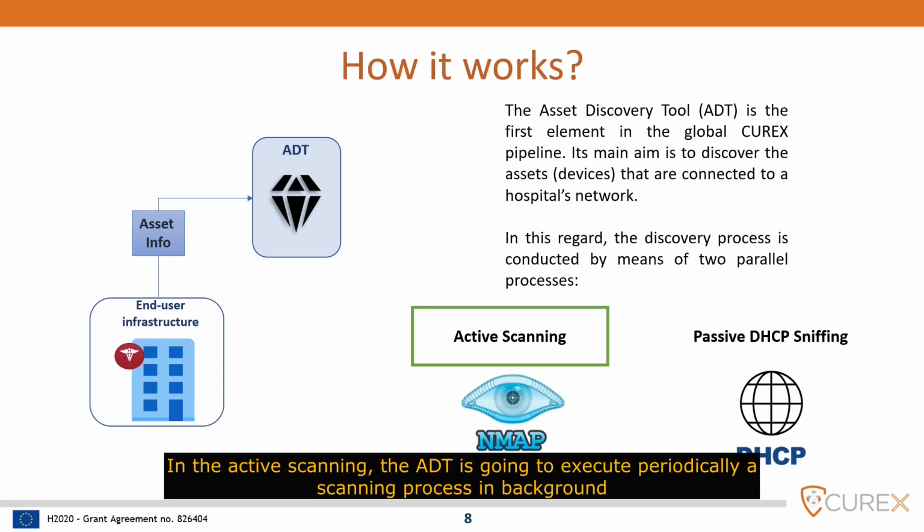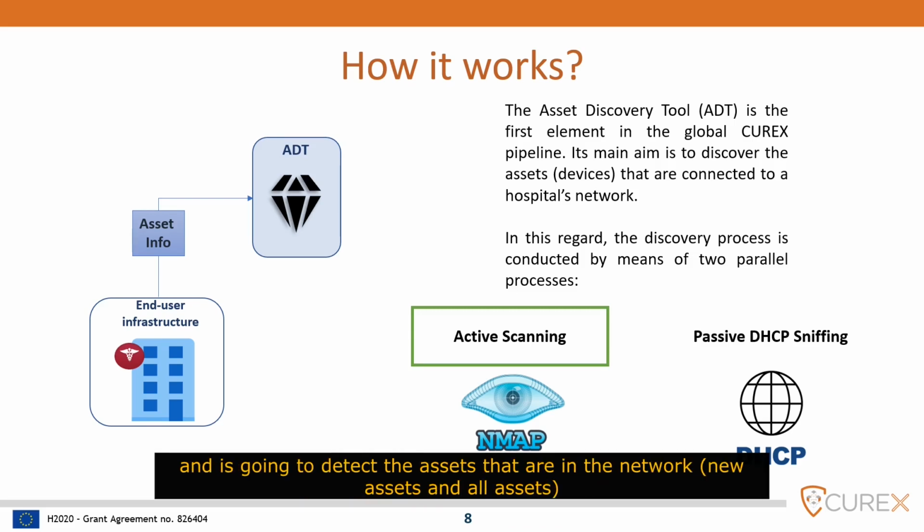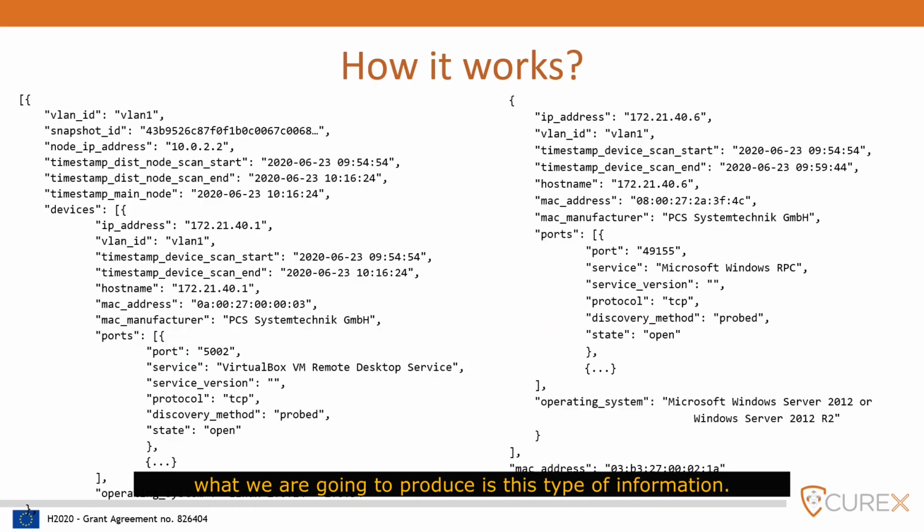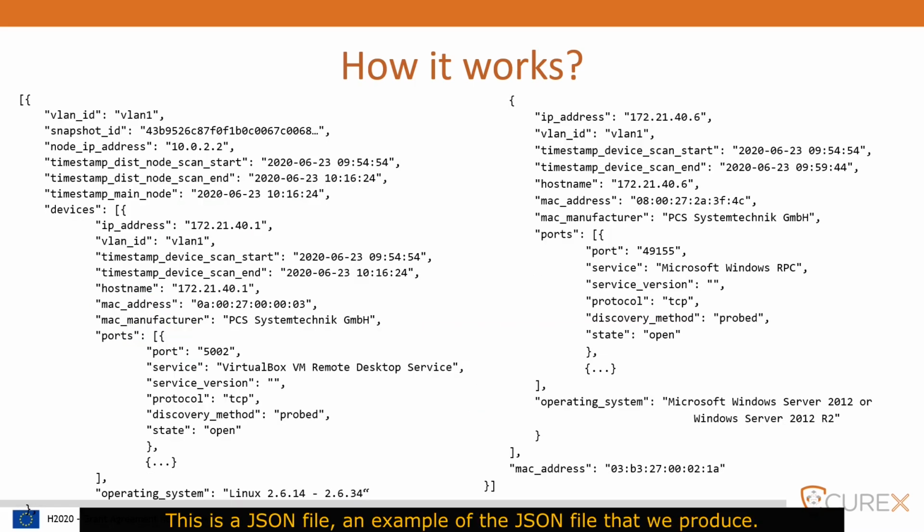On the other hand, we have the active scanning. In the active scanning, the ADT executes a scanning process periodically in the background, and detects the assets in the network, new assets or all assets. With this discovery, we produce this type of information, a JSON file, an example of which we can see here.